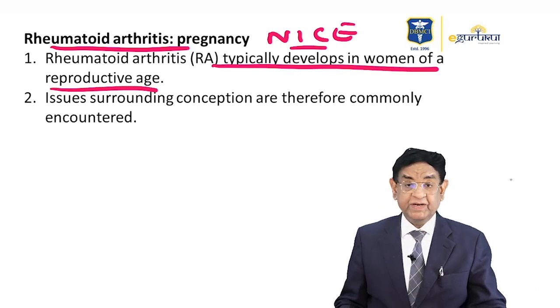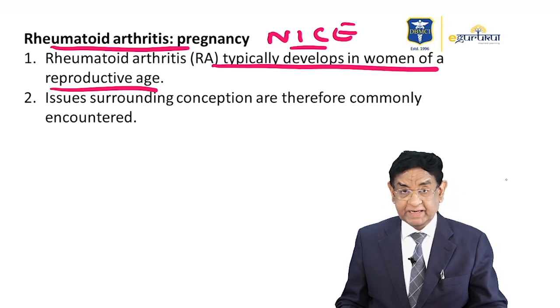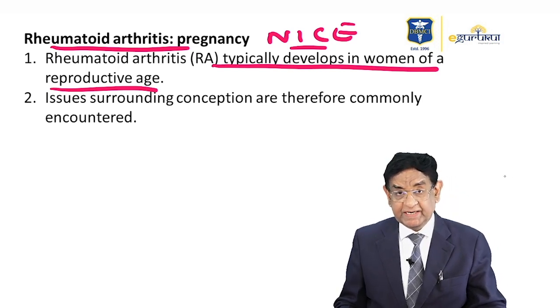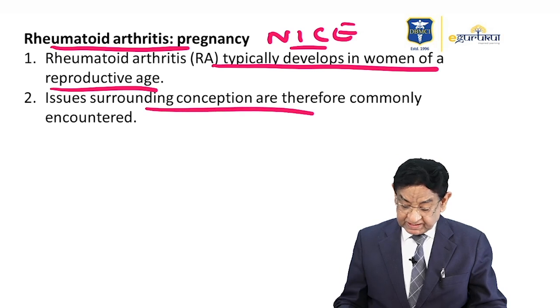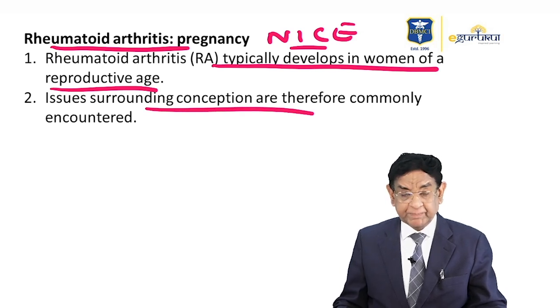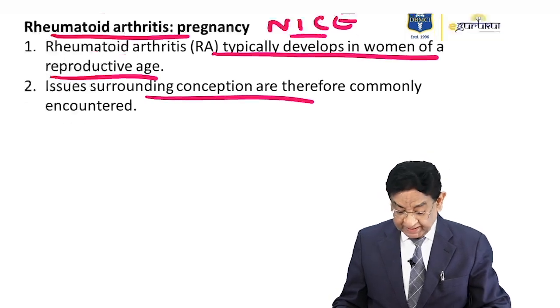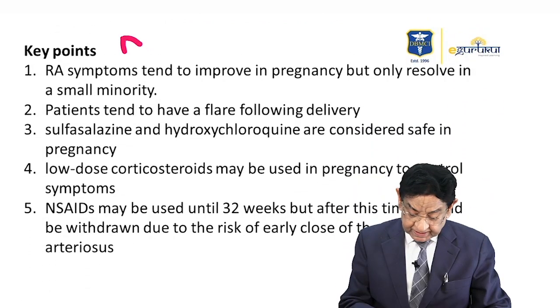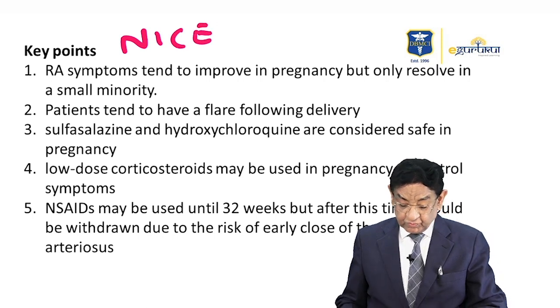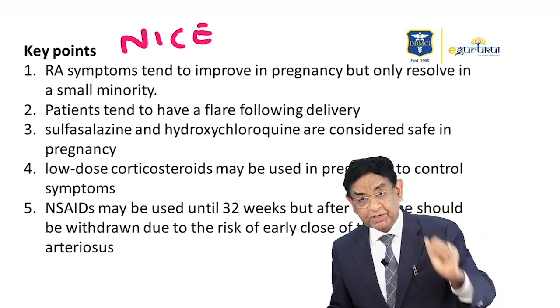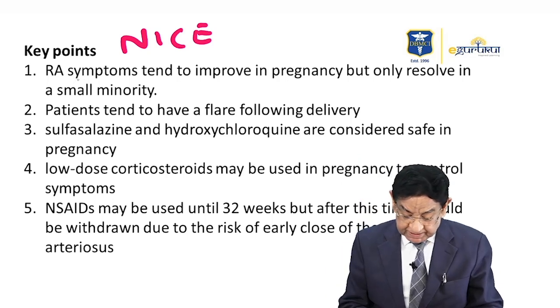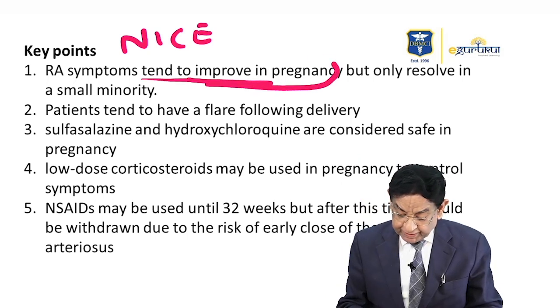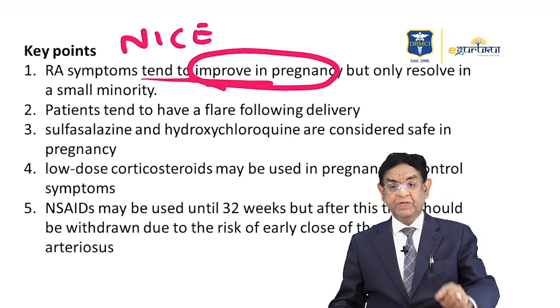And of course, as per NICE guidelines, when the lady conceives, conception becomes a big problem, and what to plan. So what are the guidelines? The key point as per NICE guidelines, there's something very important to note: symptoms tend to improve in pregnancy. Point to be noted.